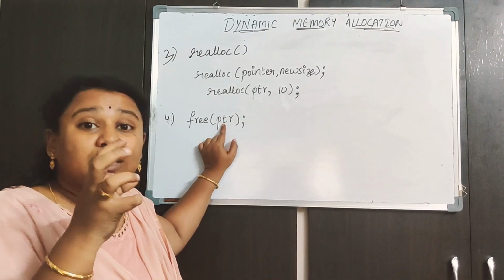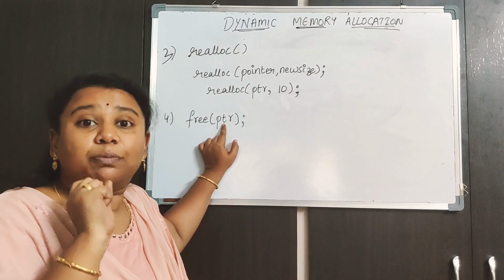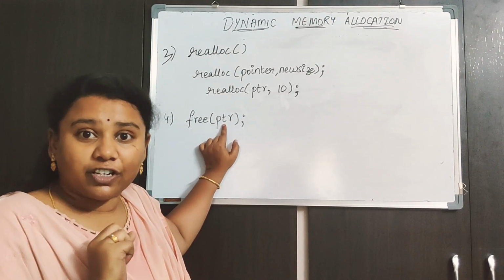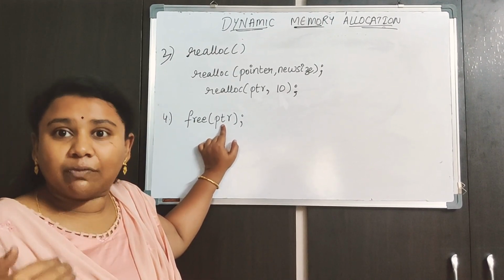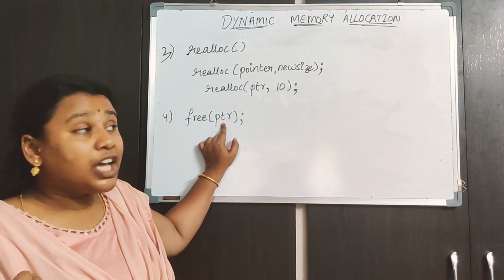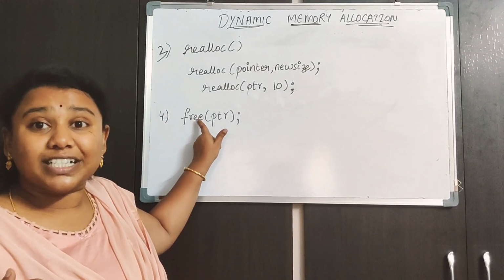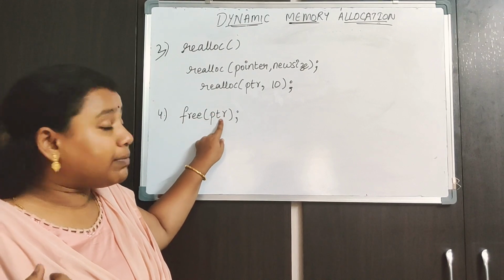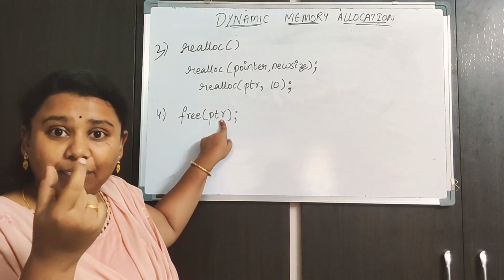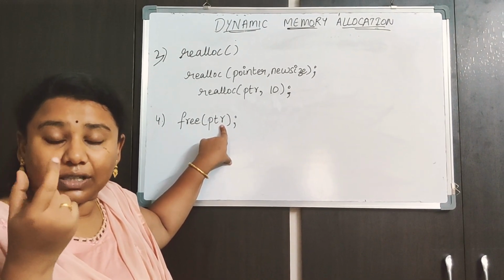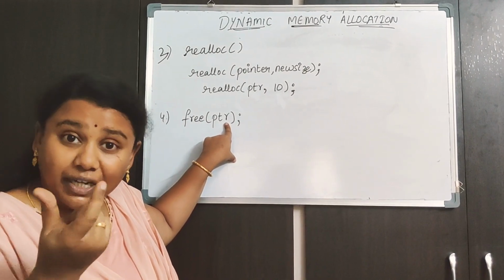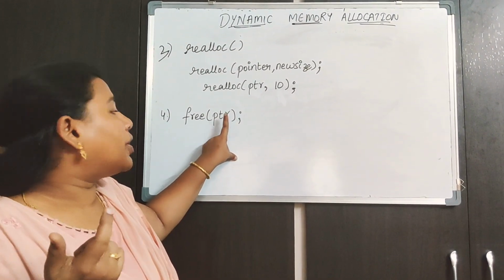Suppose PTR is holding 1000 bytes of memory from your previous malloc or calloc function. After the end of the program, while closing the main function, it is our responsibility to use the free function with that pointer name, PTR.